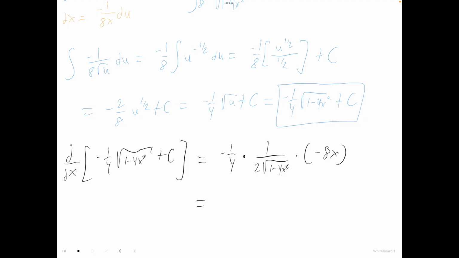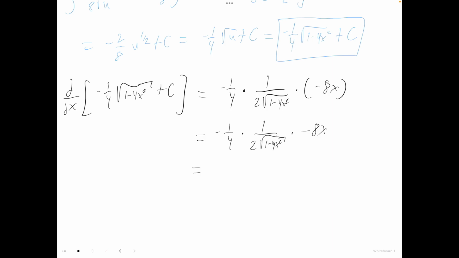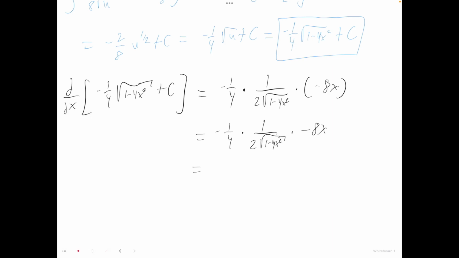So multiplying this out, we have negative 1/4 times 1 over 2 square root of 1 minus 4x squared times negative 8x. Well, here, these combine to give us 8, so the 8's cancel, and we're just left with x over the square root of 1 minus 4x squared by simplifying.